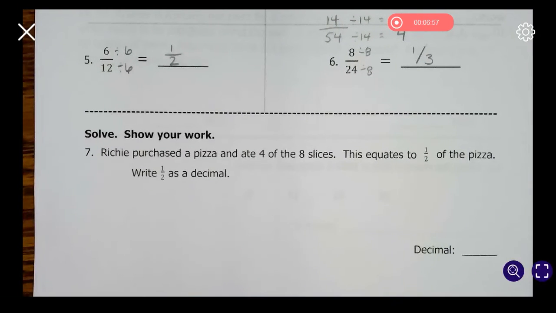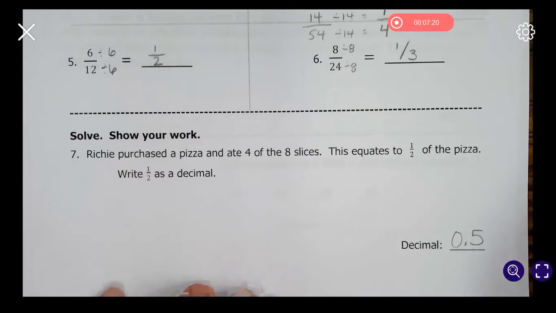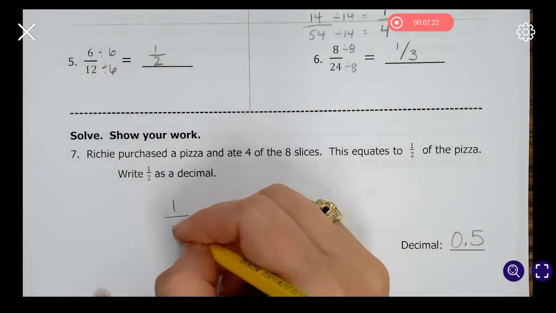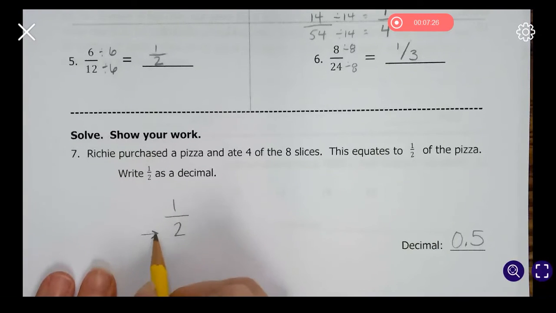Richie purchased a pizza and ate 4 of the slices. This equates to 1/2 of the pizza. Write 1/2 as a decimal. Now, I'm thinking that you probably know off the top of your head that 1/2 is 0.5. But if somebody asks you to prove that, I always say that the denominator is always knocking at the door.